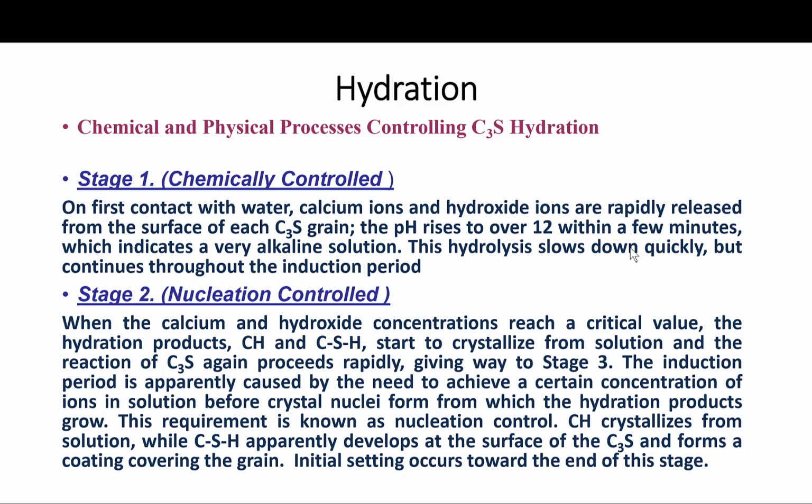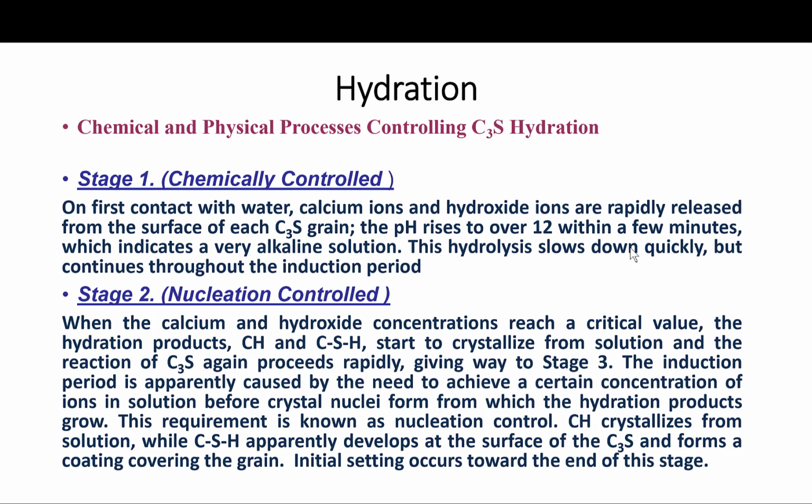The induction period is apparently caused by the need to achieve a certain concentration of ions in the solution before crystal nuclei form from which the hydration products can grow. This requirement is known as nucleation control. That's why this stage is known as the nucleation controlled stage. The first one is chemically controlled, that means by the hydrolysis, the release of the ions.